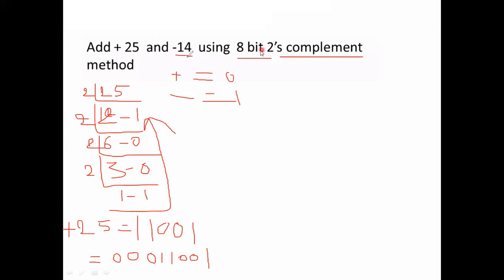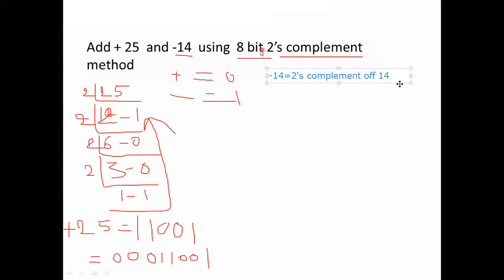Here minus 14 is there. That's why minus 14 means the 2's complement of 14.